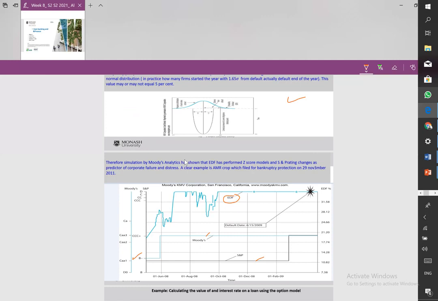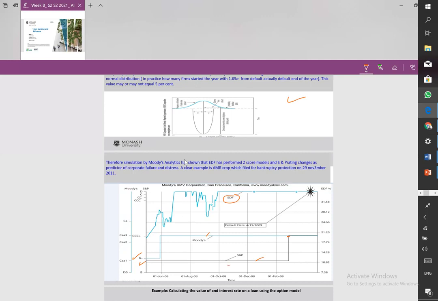And S&P was saying B. They only brought it down to C on 1 February 2009, and this company defaulted, of course.